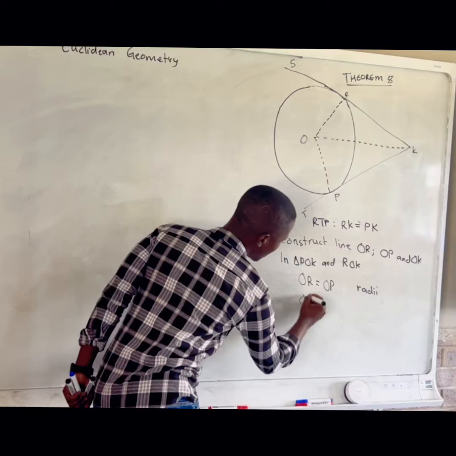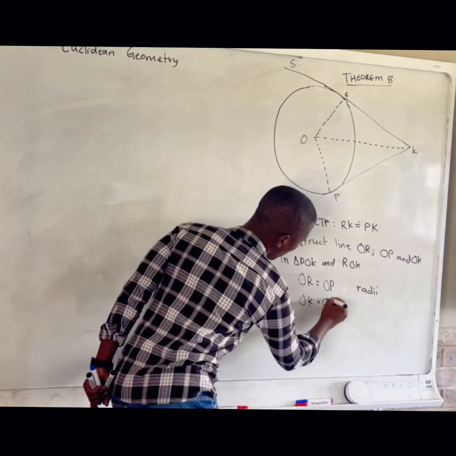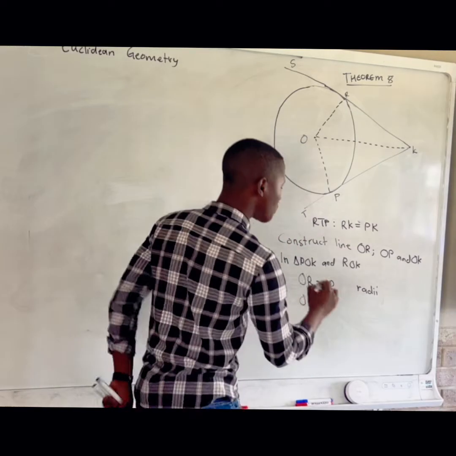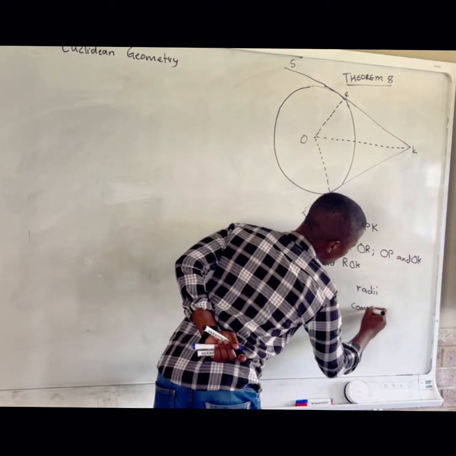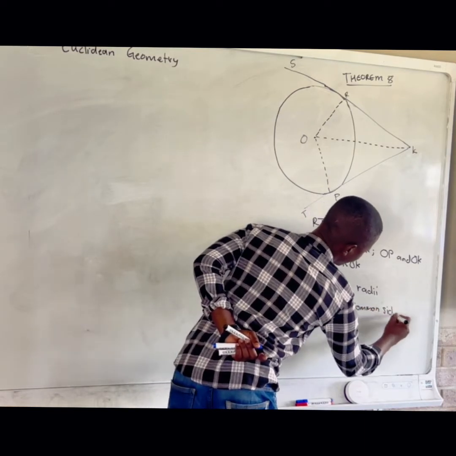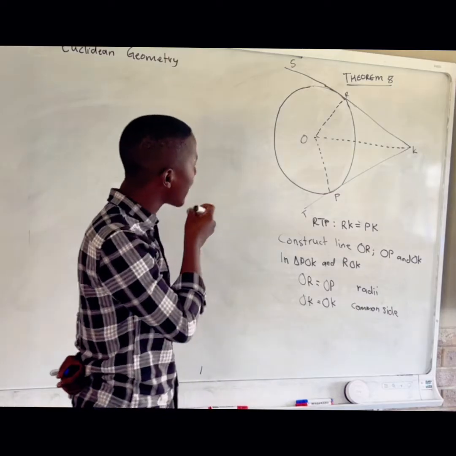So OK is equal to OK in both of these triangles, and this is because this is a common side.